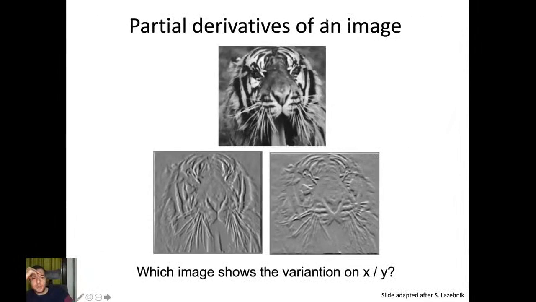Okay, so there are two partial derivatives, for the variation on x and the variation on y. So now the question that I would like you to answer is to try to figure out which of these, so these are the image gradients for this image, for the two axes x and y, corresponds to the horizontal axis and which one corresponds to the vertical axis.